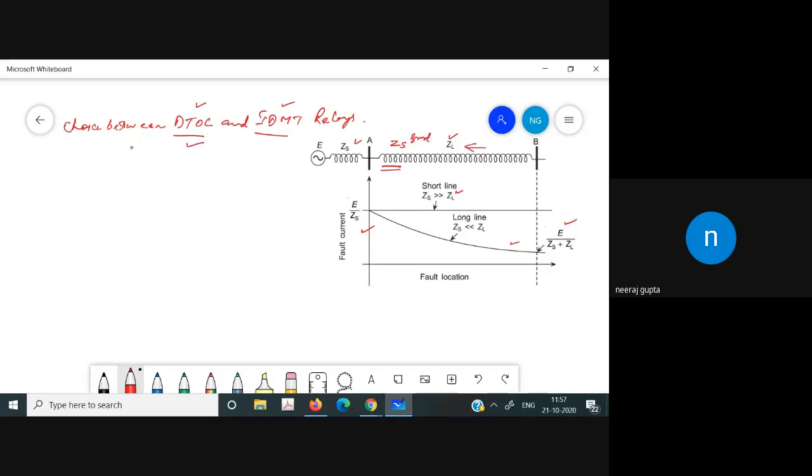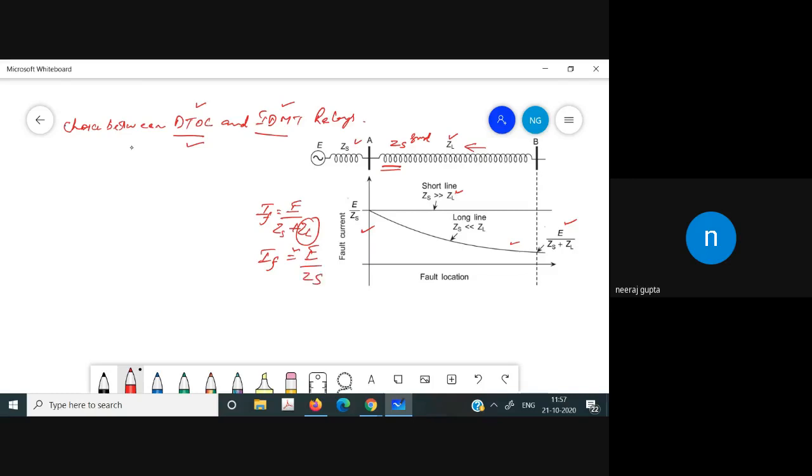So ZL is very small, and as a result the fault current IF, which is E divided by Zs plus ZL, can be approximated: if ZL is small, it can be neglected. So IF is approximately equal to E divided by Zs.